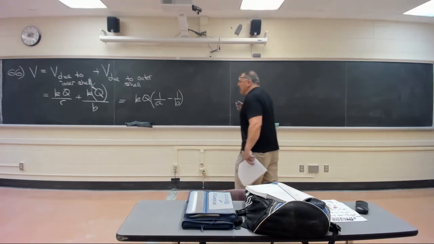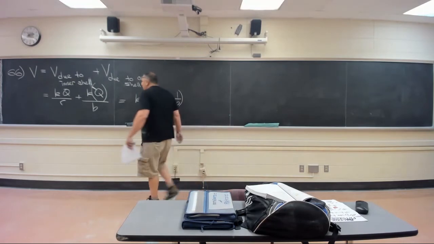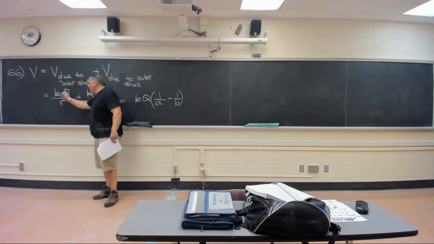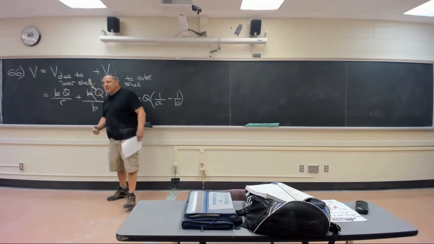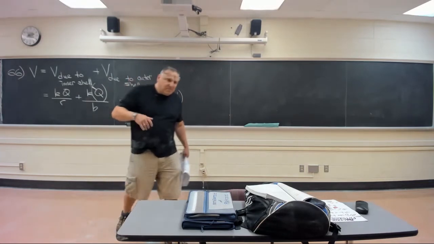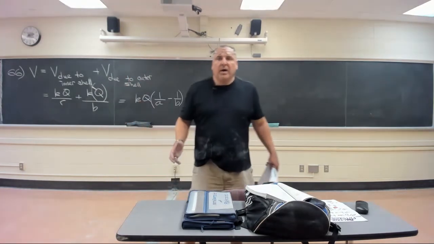If something was coming in from infinitely far away, let's say a positive test charge being brought in from infinitely far away, this much work would be required to do it over here. But on this side, it's being drawn to it, so it's not like it's going to need a positive amount of work to bring it in.